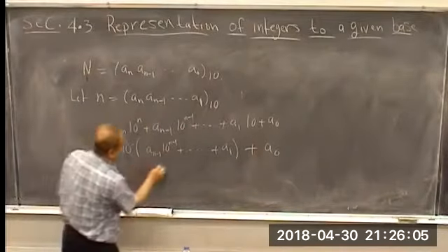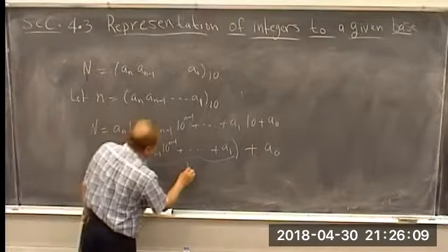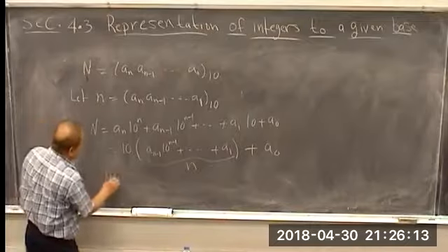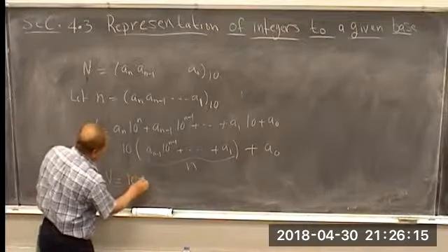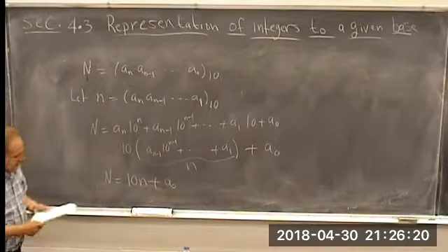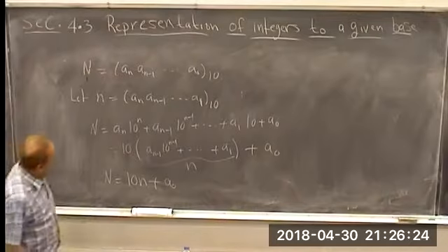Now this is actually the little n. So in other words, the number n can be written as 10 little n plus a_0. All right? Now let's look at some divisibility.